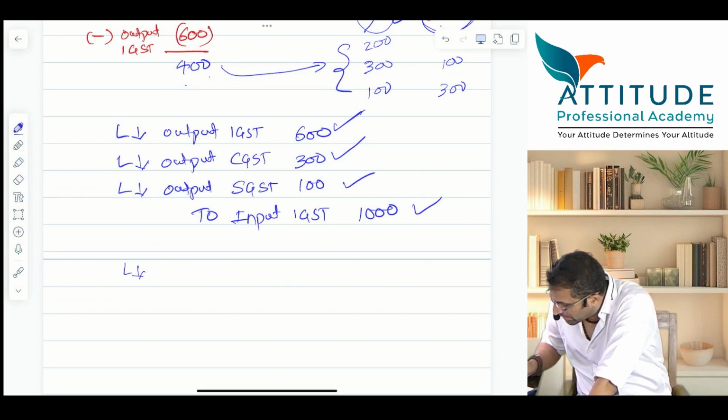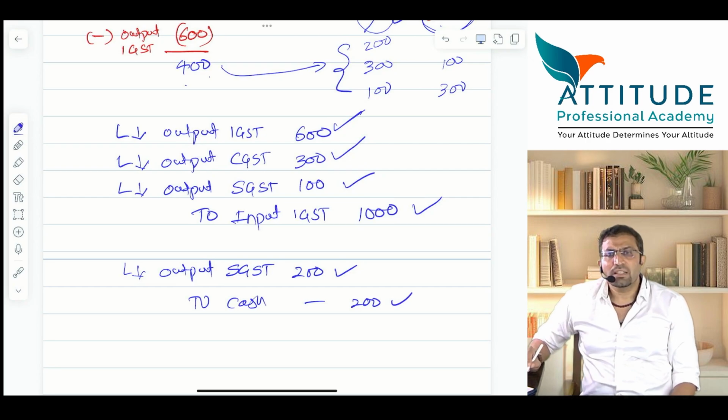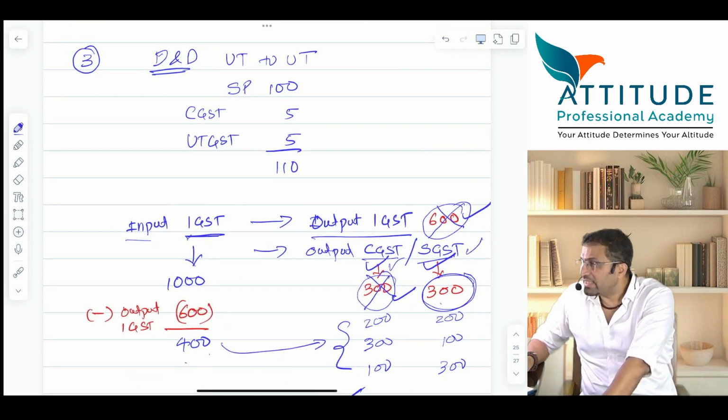Less output SGST, liability reduces, how much? 200, to cash, how much? 200. Understood? Is that clear? IGST can be adjusted against input IGST.